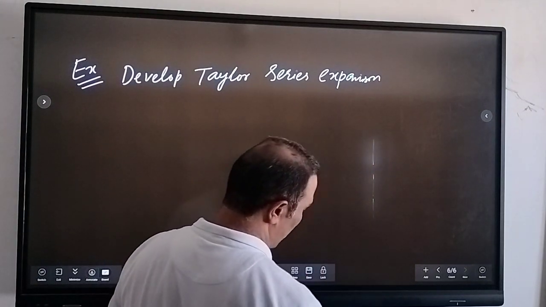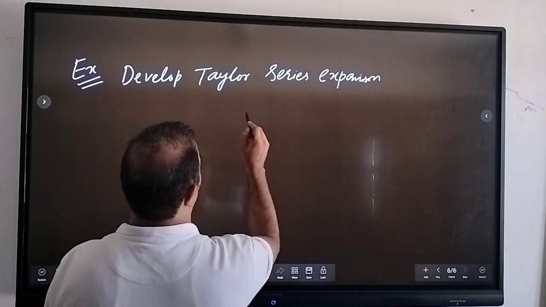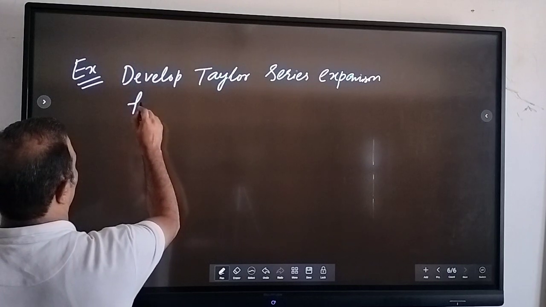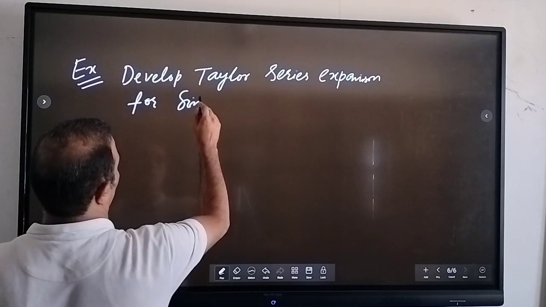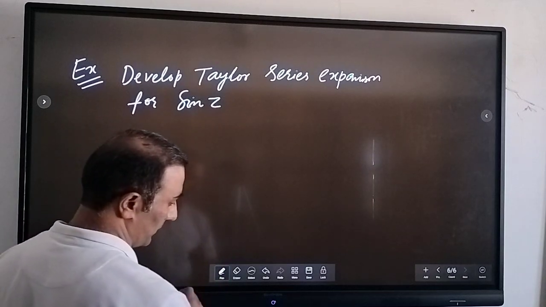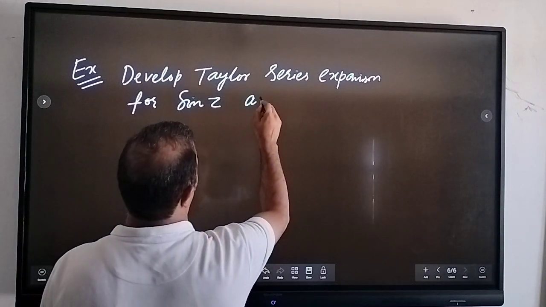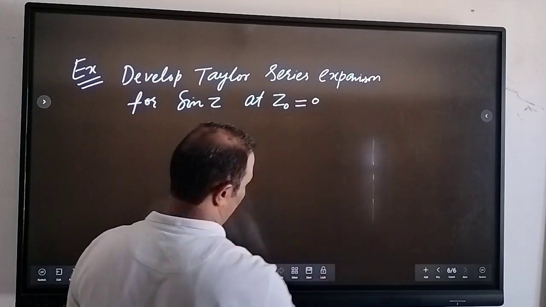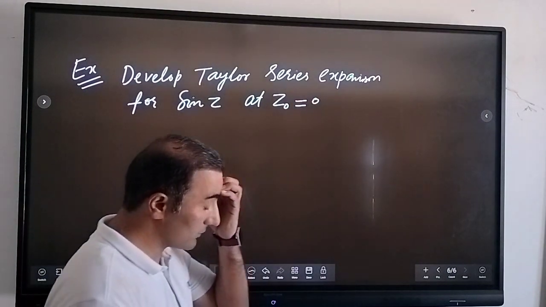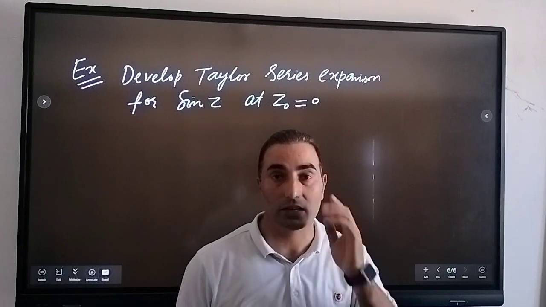Use Taylor series expansion for sine z at... so that means we need to construct the Taylor series expansion at z0 equal to 0.